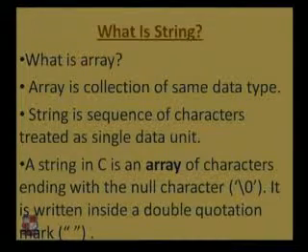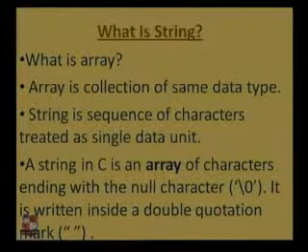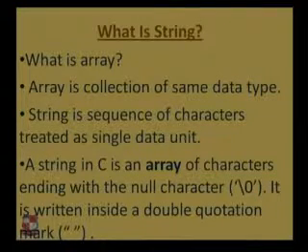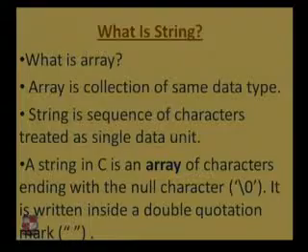A string is represented in different ways in the C programming language. It means a string is a character array and it ends with a null character, and also the string is written inside double quotation marks.